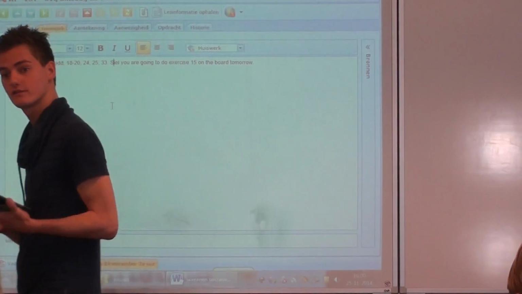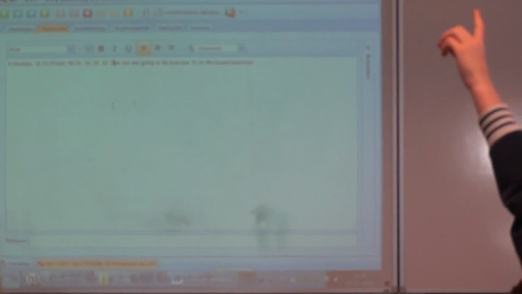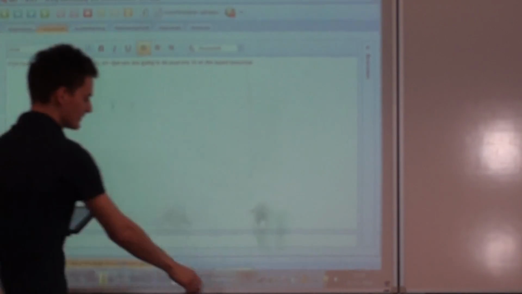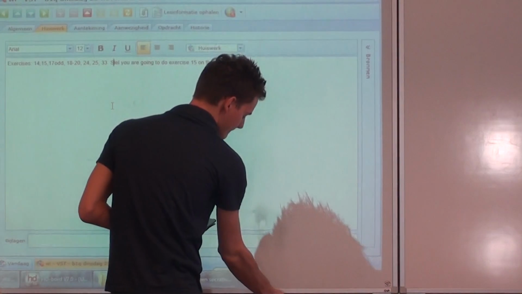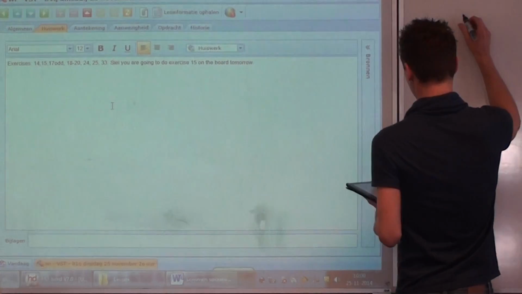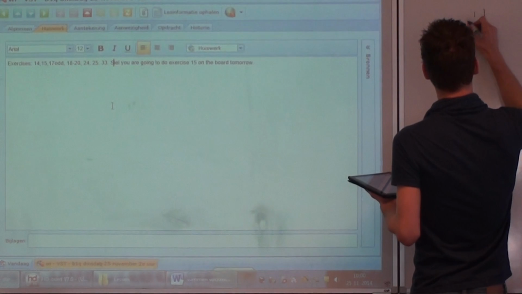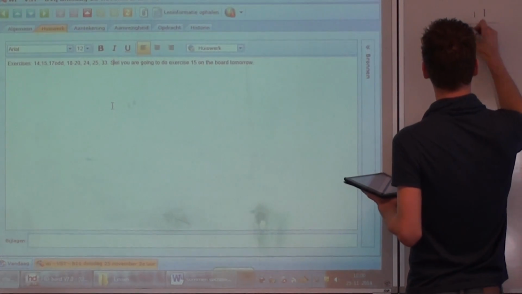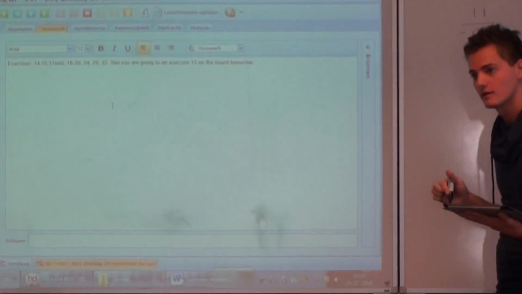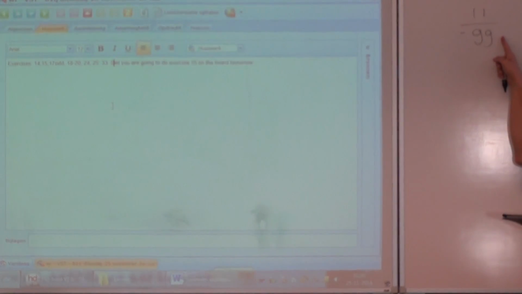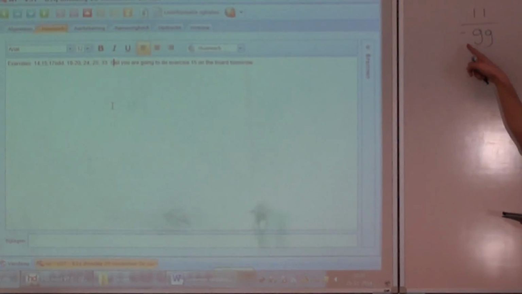How much is 11 divided by 99? Negative 9? Good question though. 11 divided by negative 99, can that be 9, or negative 9 in this case?